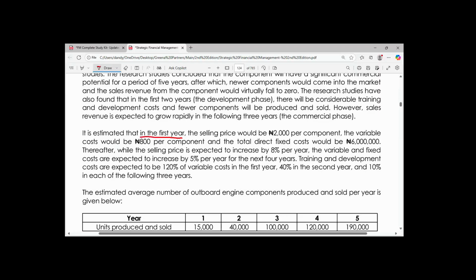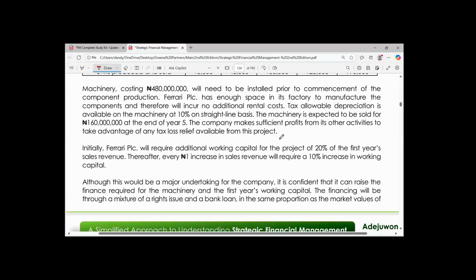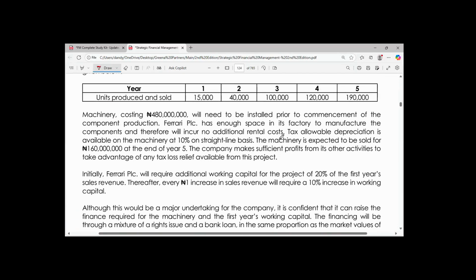Training and development costs are expected to be 120% of variable costs in the first year, 40% in the second year, and 10% in each of the following 3 years. The estimated average number of outboard engine components produced and sold per year is given below: year 1, year 2, year 3, 4, and 5.